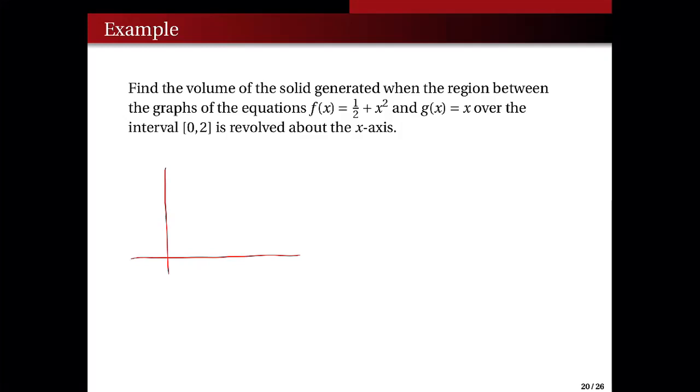So say this is 1 half, this is 1, this is also 1 half on the x-axis, this is 1. So this is your x. We need until 2. So we have here this is your 3 halves and this is your 2.